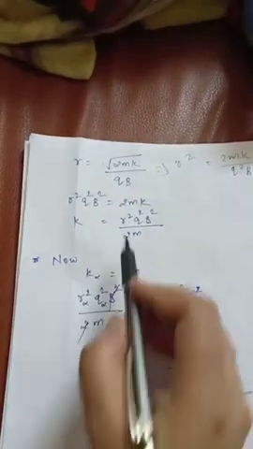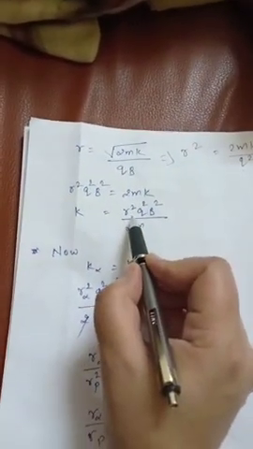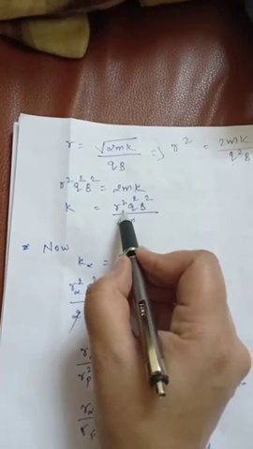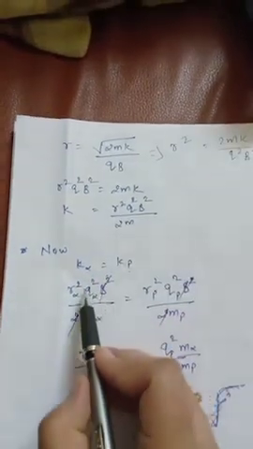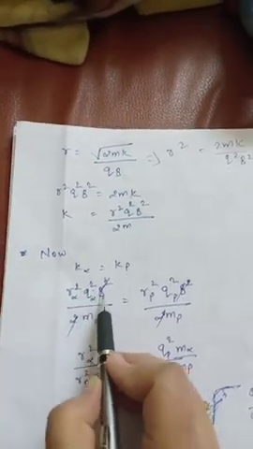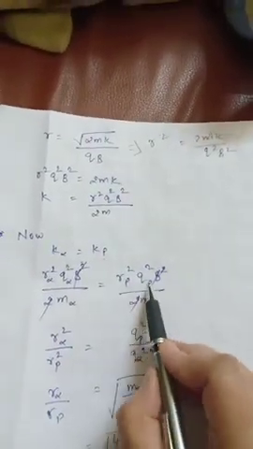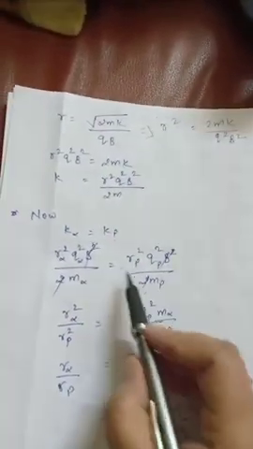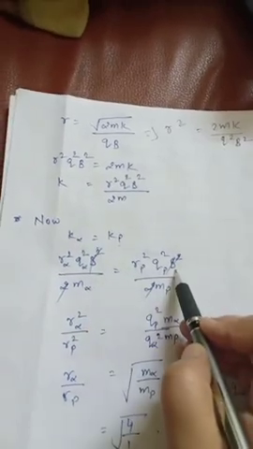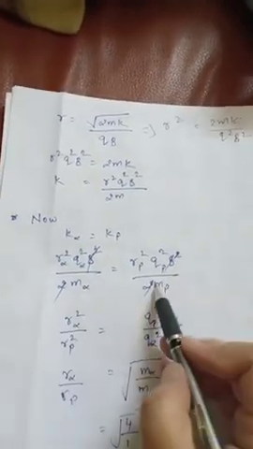So if we have K alpha equals Kp, introduce a subscript here: r alpha square q alpha square B square upon 2 m alpha equals rp square qp square B square upon 2 mp. B square cancels out, 2 and 2 will cancel out.